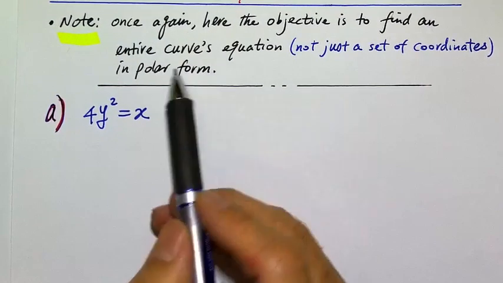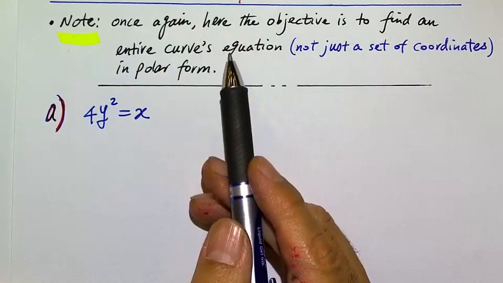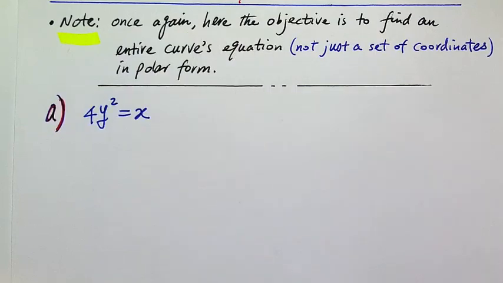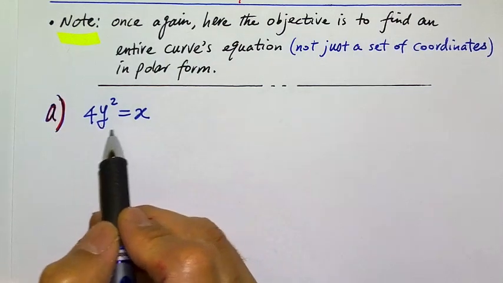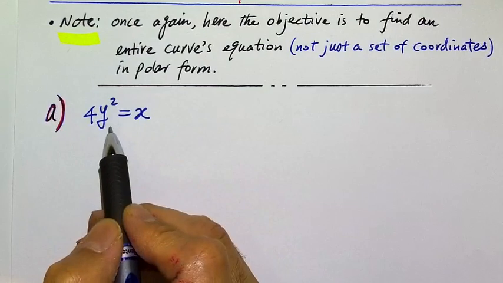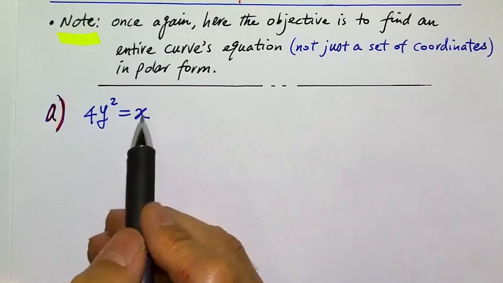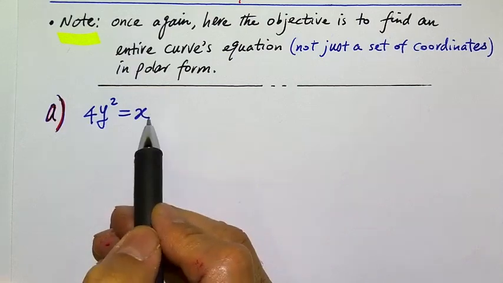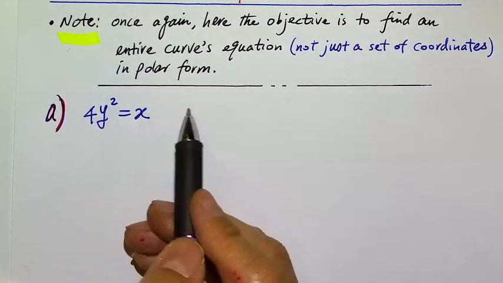Okay, and this is just something I said earlier, that the conversion between the coordinates doesn't happen just for points, it also happens for entire equations. That's all. Taking a look at this, we know that x in polar form equals r cosine of theta, and y in polar form equals r sine of theta.